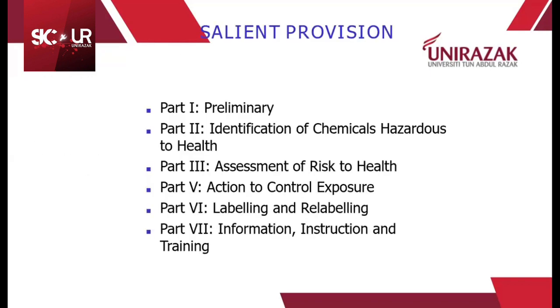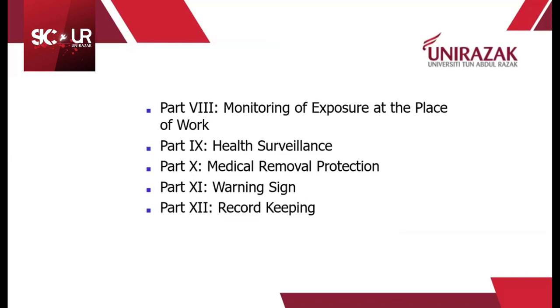Alright. So ada beberapa bahagian dalam USECHH regulation. Part 1 is preliminary. Part 2 is identification of chemical hazards to health. Part 3 is assessment of the risk to health. Part 5, action to control exposure. Part 6, labeling and relabeling. Part 7, information, instruction, and training.